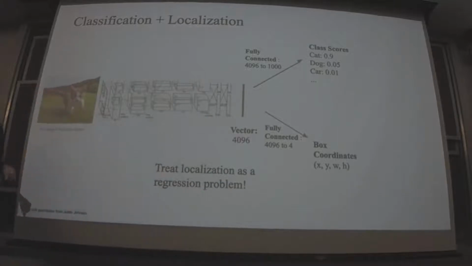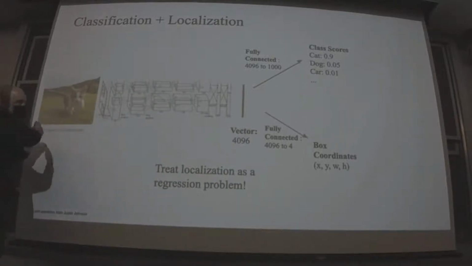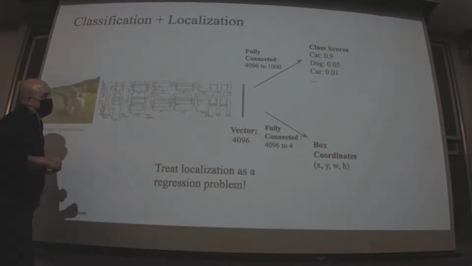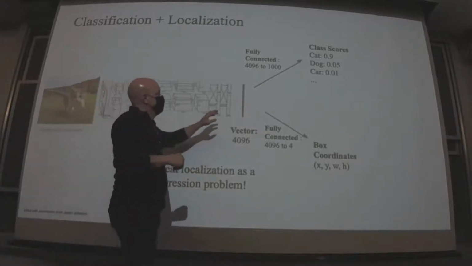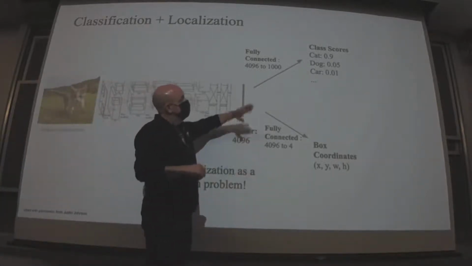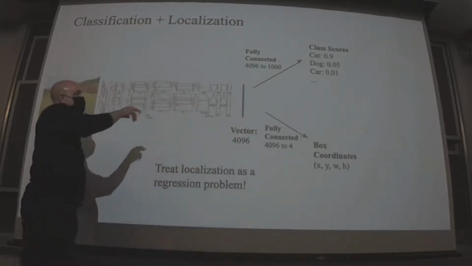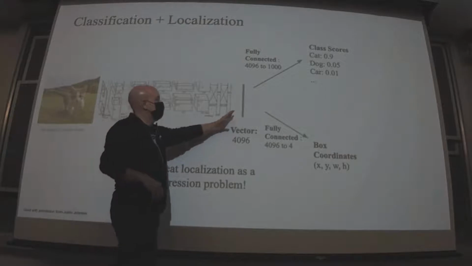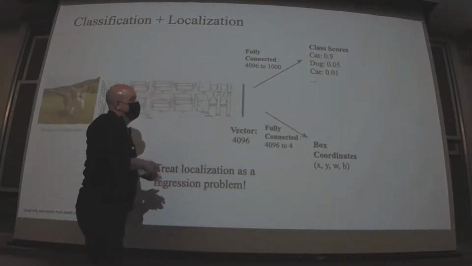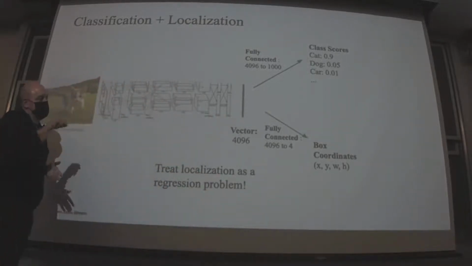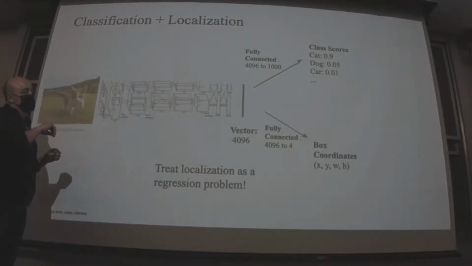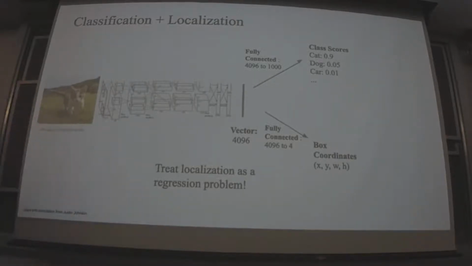We can use the same types of networks, but instead of just a vector from which we learn class scores, we might, from that same vector of scores, or maybe from an earlier part of the network, have an additional head that does a regression problem and learns the coordinates of the bounding box.